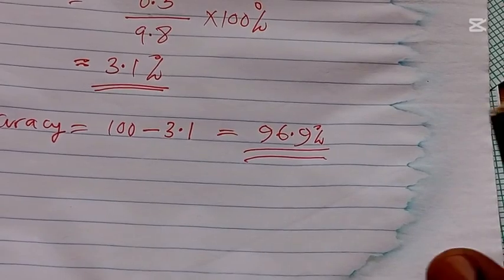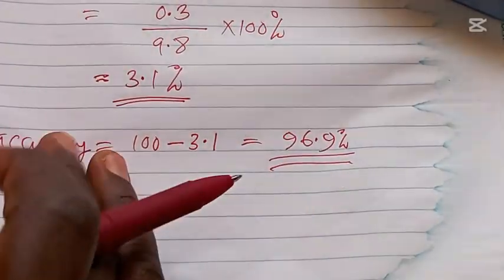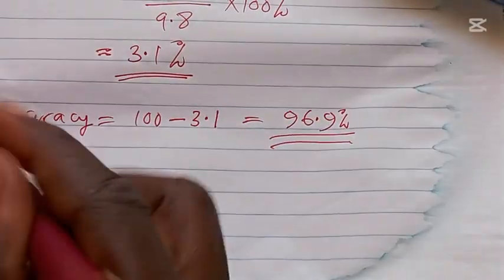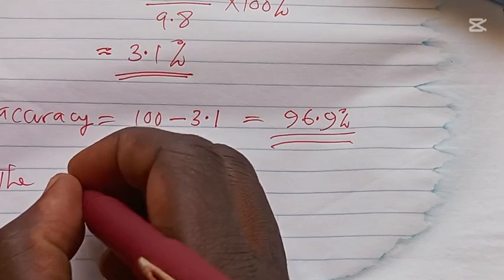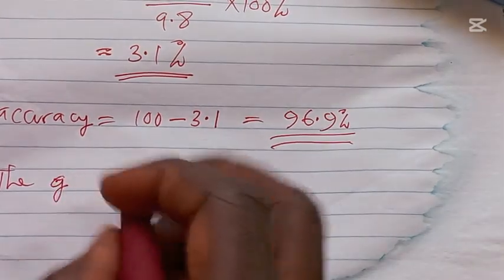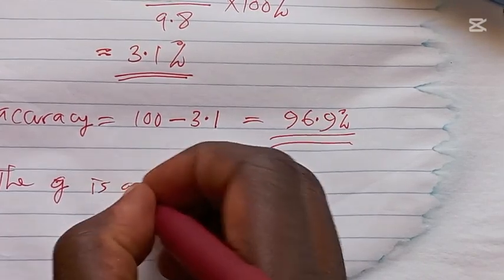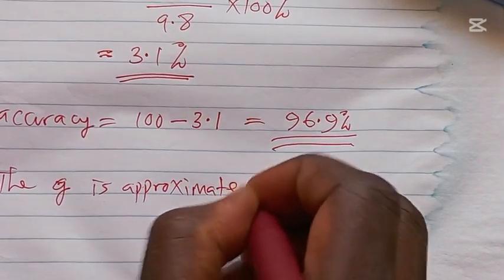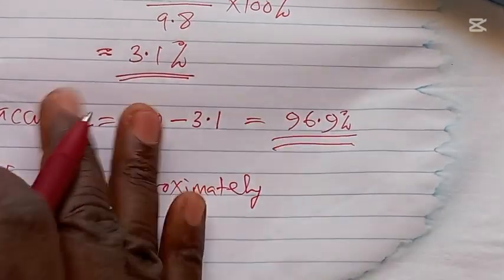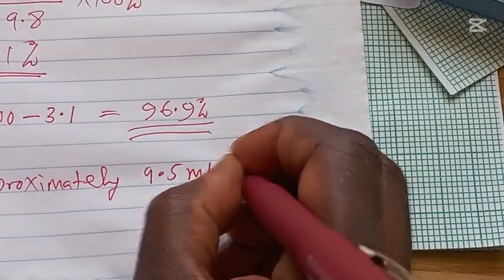Okay, so in your conclusion, after calculating your g, you conclude by saying, therefore, the g, or the acceleration due to gravity, is approximately, then you put the value you got, 9.5 meters per second square.